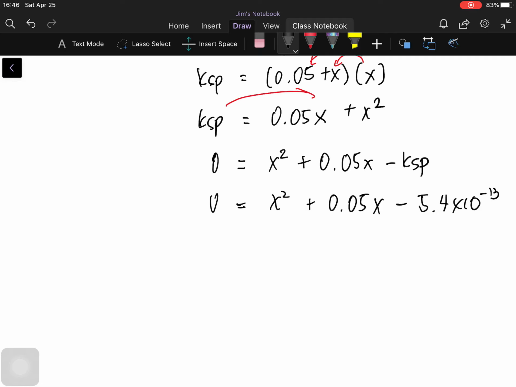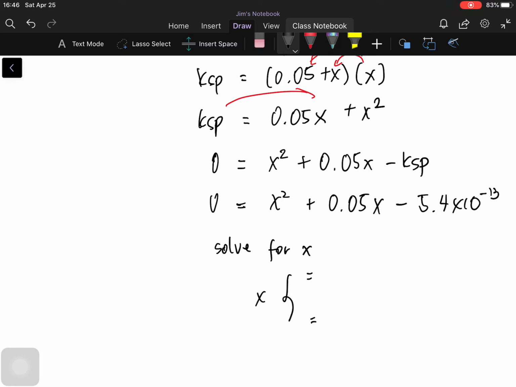So what's next? We're going to solve for x. Solving for x, we will get two roots. Allow me to solve for that using the calculator. If you don't have a calculator that's capable of solving quadratic equations, you can use online calculators anyway, or you may use the quadratic formula if you want.